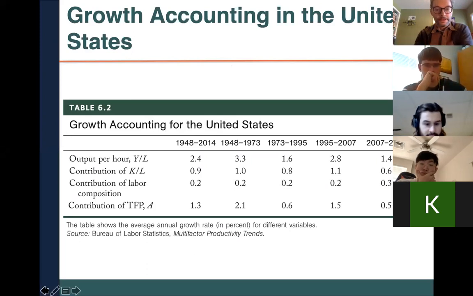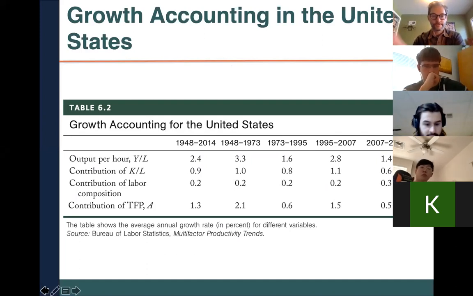So let's go through this table and see if we can understand what this is telling us about the sources of growth. Let's look at the first column. This is looking at the entire period between 1948 and 2014. This is still not the right table, but anyway, this is good enough. Actually, the table I have has growth up to 2019, but I don't know what I did with that.